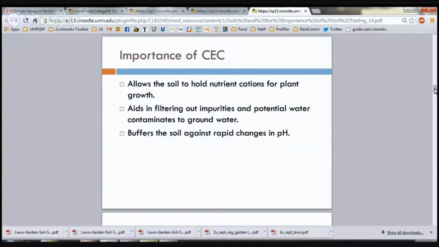And CEC also helps buffer the soil against rapid changes in pH, and that's a good and a bad thing that we're going to talk about in a few minutes. Obviously, most of us want to adjust pH, but it's because of that buffering system in the soil that it takes so much effort and so much material to either increase or decrease the soil pH.